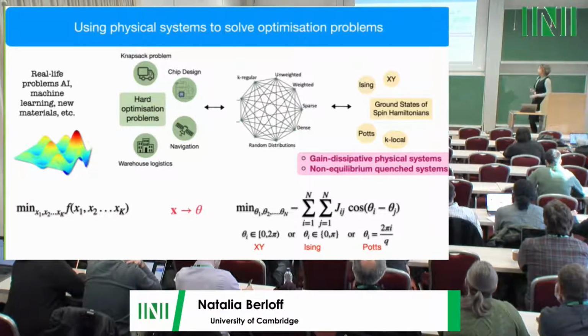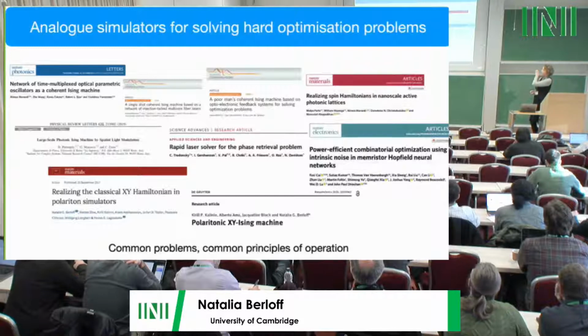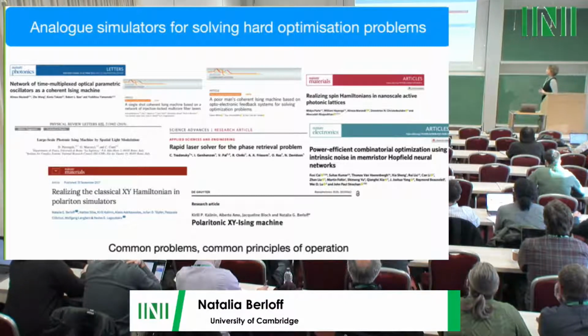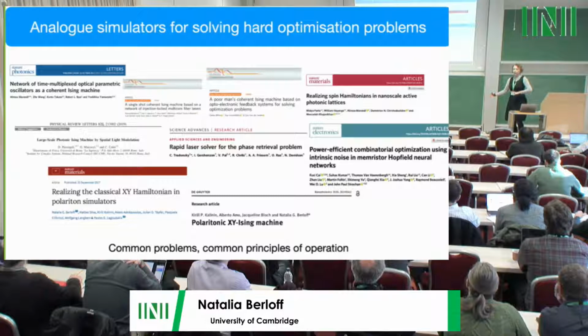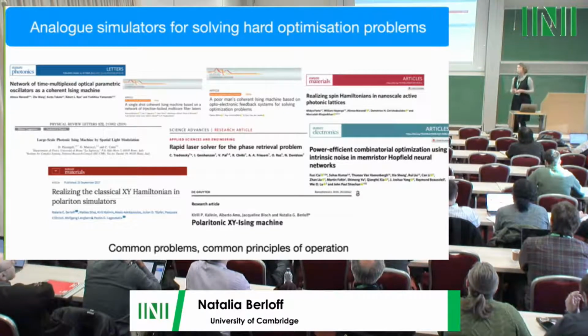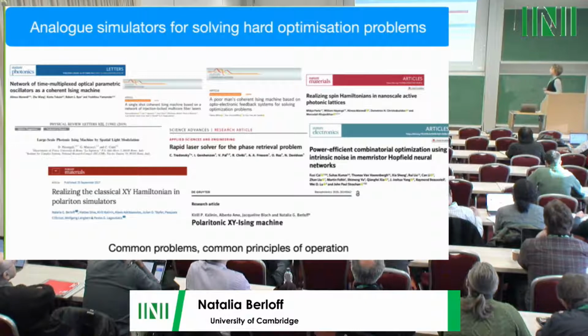Along these lines, in the last eight years, a lot of platforms have been proposed and explored with the goal of using this procedure of mapping into a universal spin Hamiltonian and then using the natural operation of the physical system to actually solve or minimize this Hamiltonian.